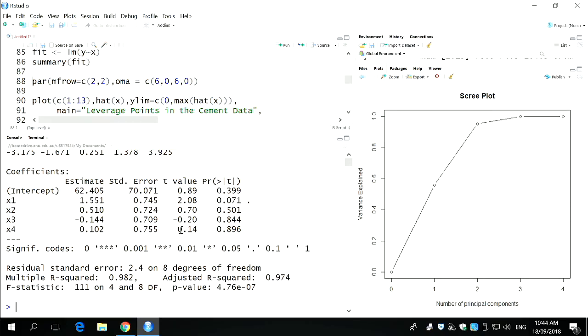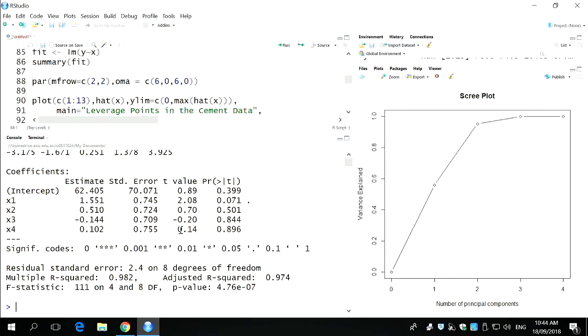Now, when you've got 4 x's, there are 2 to the power 4 models. 2 to the power 4 is 16. And I can do that during a lecture, right? If I've got 5 x's, there's 32 models. If I've got 6 x's, there's 64 models. If I've got 7 x's, there's 128 models.